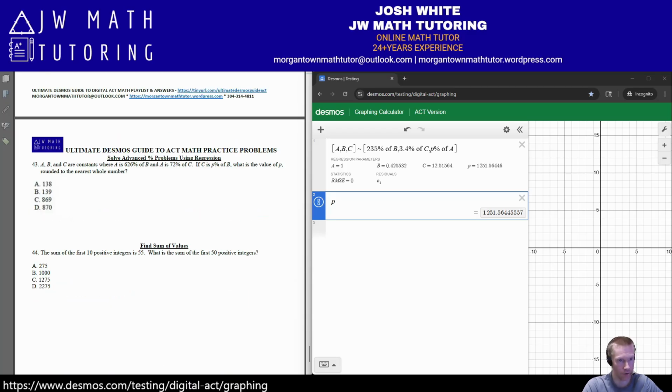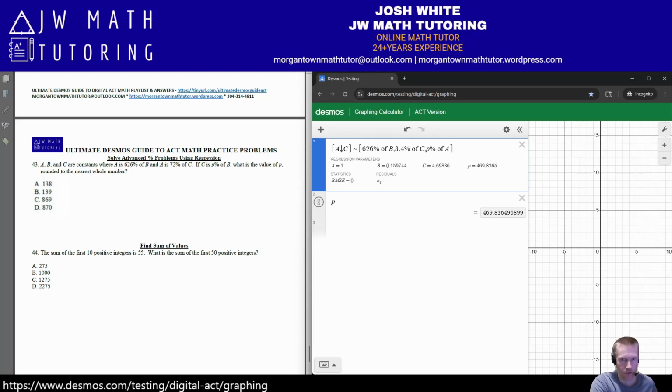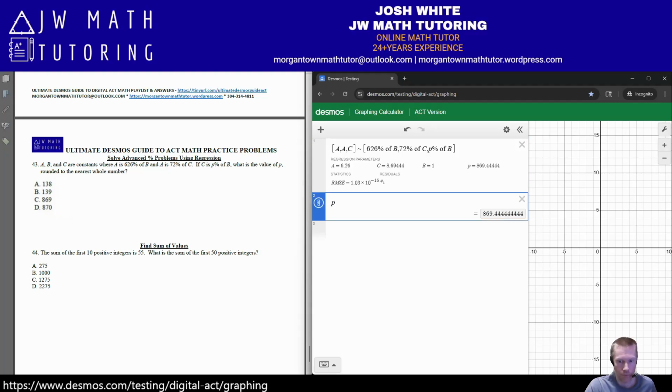Now, I have another example here, question number 43. Similar, just the numbers are a little bit different. So the first one is A is equal to 626% of B. And now the second one is A is equal to 72% of C. And then the third equation, C is equal to P% of B. All right, what is the value of P to the nearest whole number?